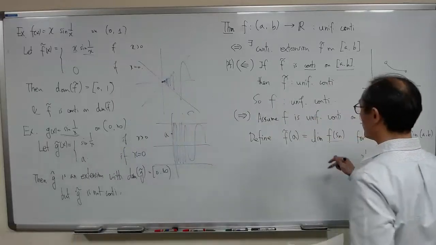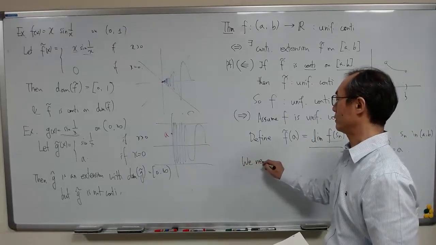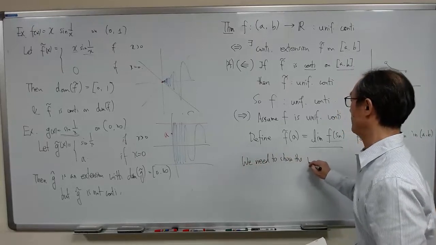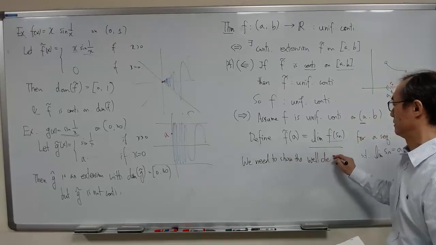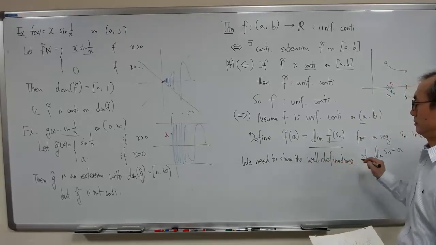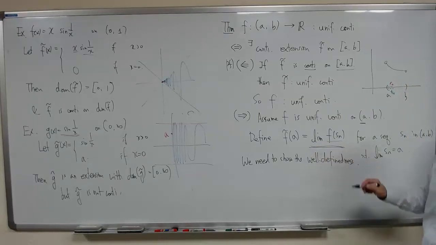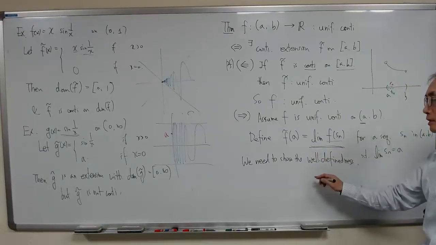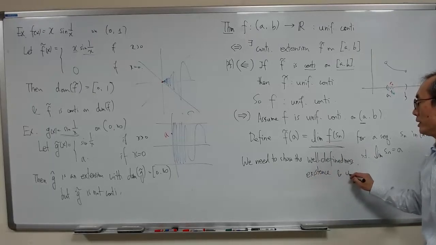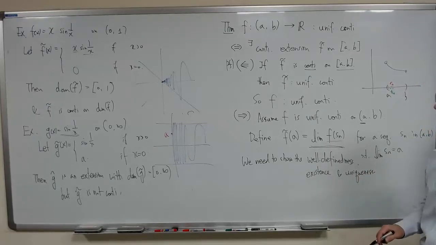So by using this definition, you need to show it is well-defined. For this kind of approach, well-definedness can be understood as the existence and the uniqueness.